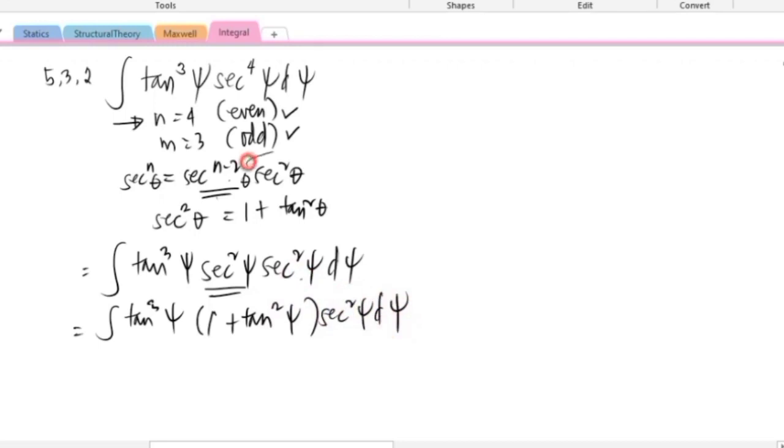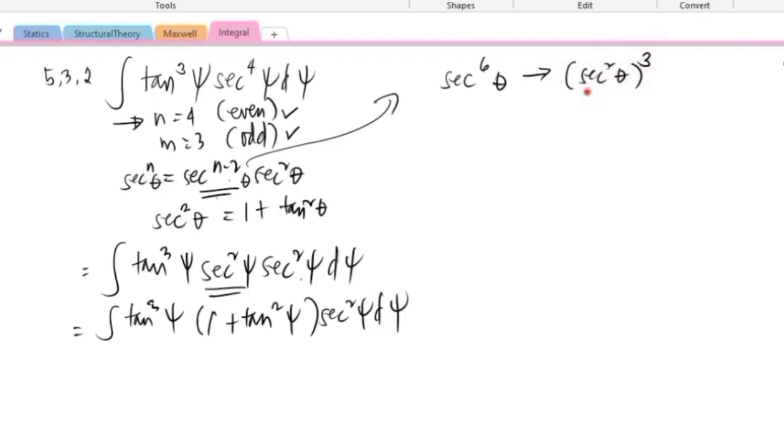So what if itong part na to, no, yung matira dyan halimbawa ay secant to the 6th of theta. So kunwari, ang gagawin natin dyan ay i-express natin siya always sa secant square. So 6 divide 2, it's raised to 3. So in this part here ay papalitan natin ng 1 plus tangent square. So that would be 1 plus tangent square theta raised to 3. So binomial expansion na lang to, no?